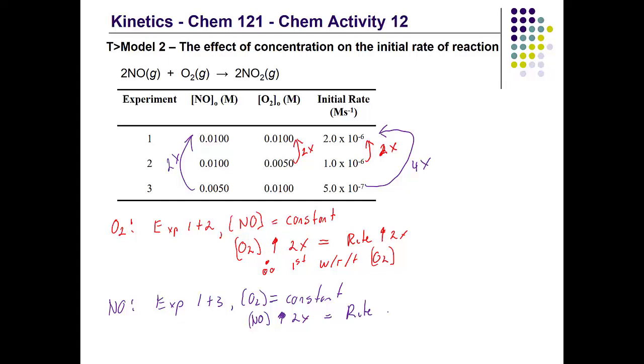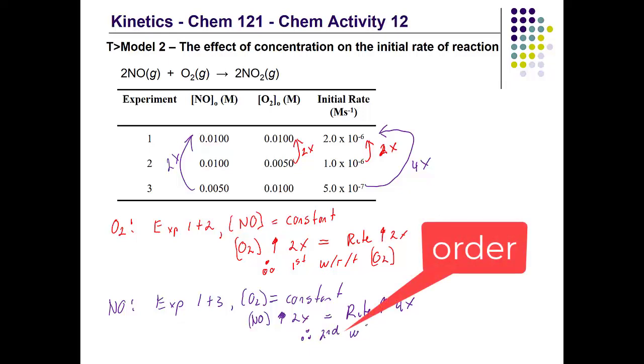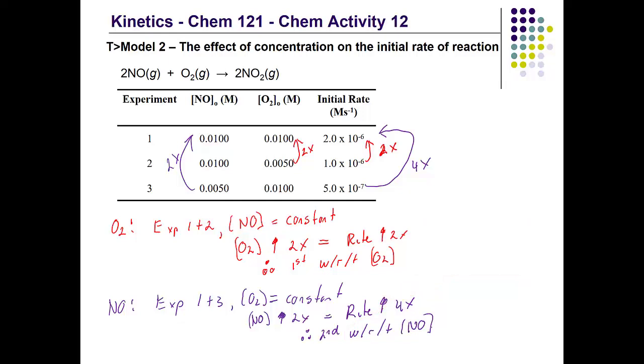So I can indicate over here, rate goes up 4 times. By definition, this therefore indicates that the order of the reaction is not first order, but rather second order. So we can indicate, therefore, second order with respect to the nitrogen monoxide gas.